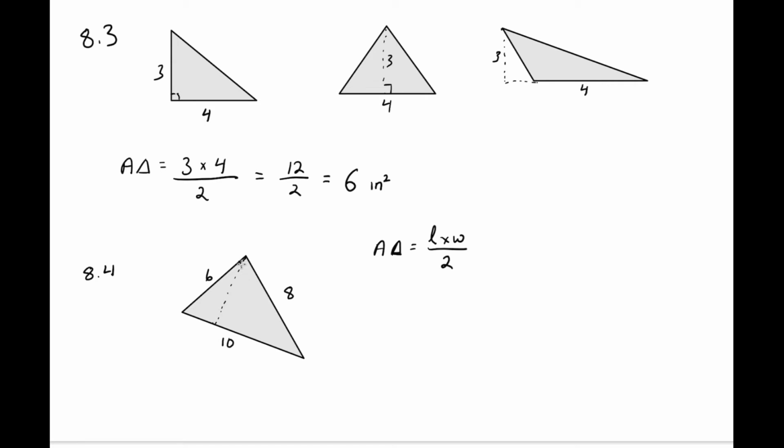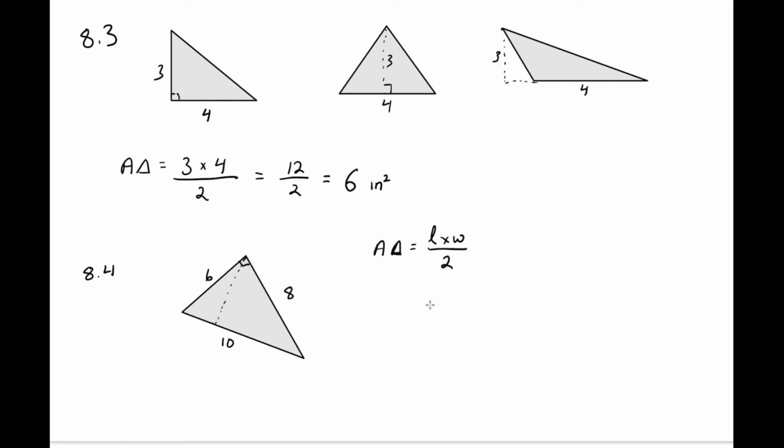But because this is a right triangle, we know that this is straight up and down. So this is 6 and this is 8. So either one of these could be the height or the base. They're interchangeable. Because it's a right triangle, we don't have to find another measurement. So we never use, this is what's called the hypotenuse. We never use the hypotenuse as the base unless the height here is given.